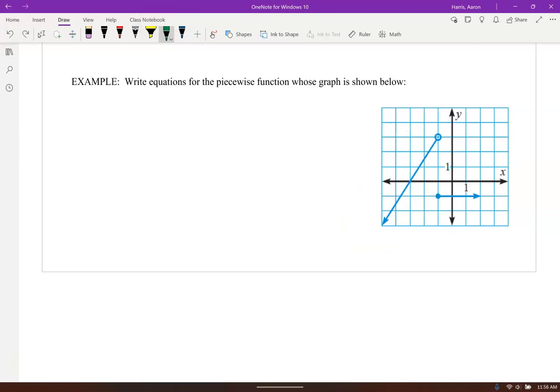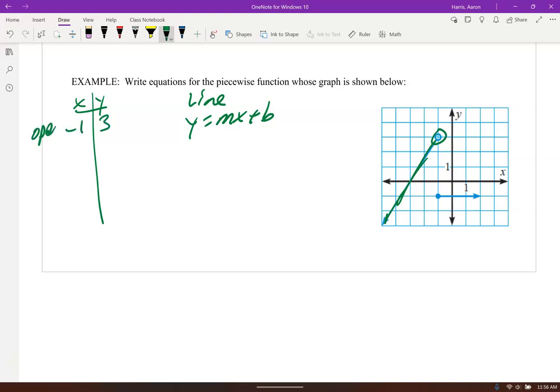If I look at that, I'm going to start, let me plot some points for a minute. And notice this is a straight line, so it's going to be in this form, mx plus b. We've got to come up with the equation for that. Notice this first point right here is negative 1, 3, but it's not included, so this is open.